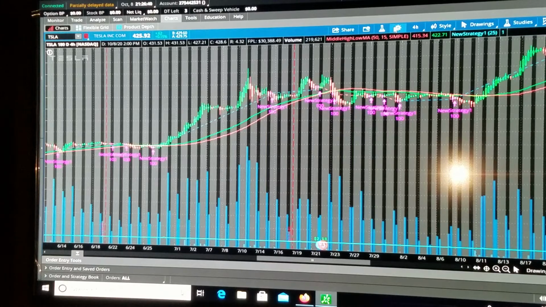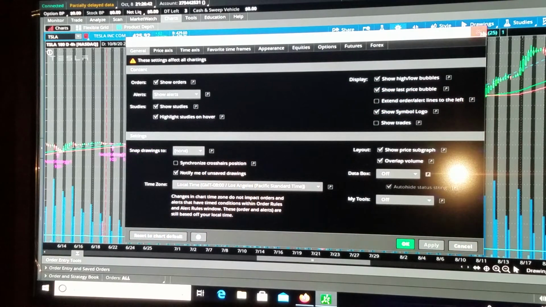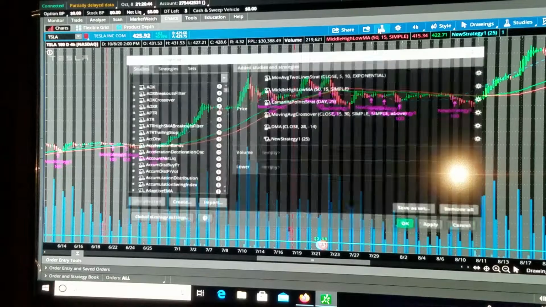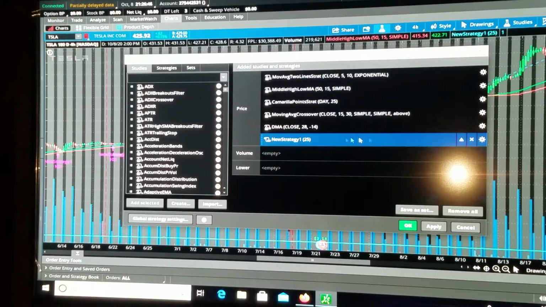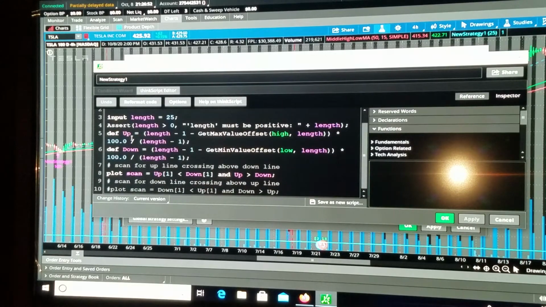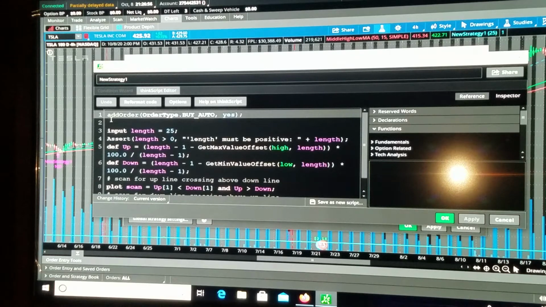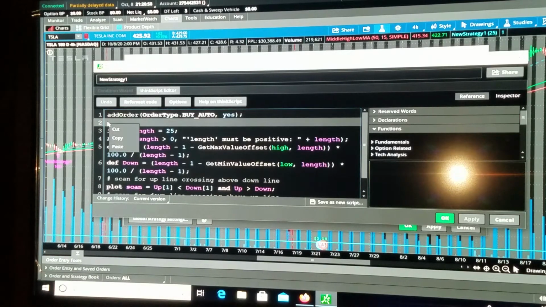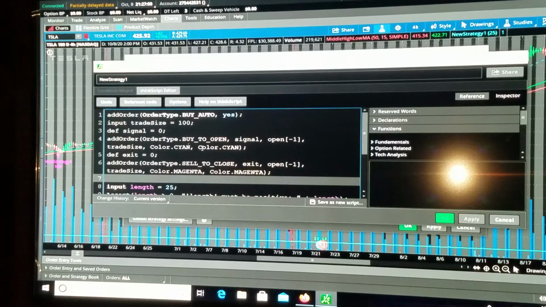So let's take it to our study. Of course. New strategy. Edit sources. Input, define. Paste that in.